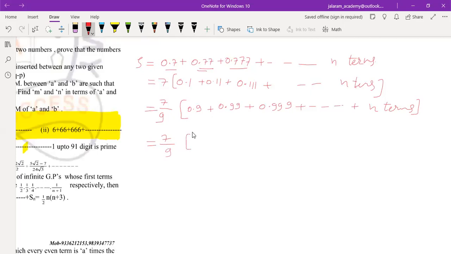So 7/9 into this series. Now if you again check the ratio of 0.9, 0.99, it will again give the same result as before, so it's not a GP.